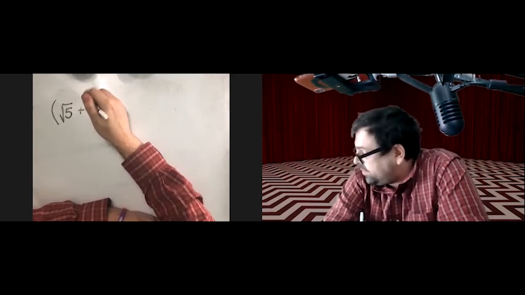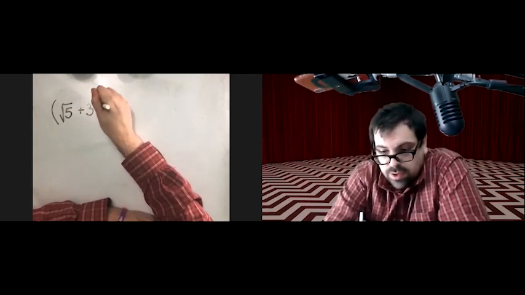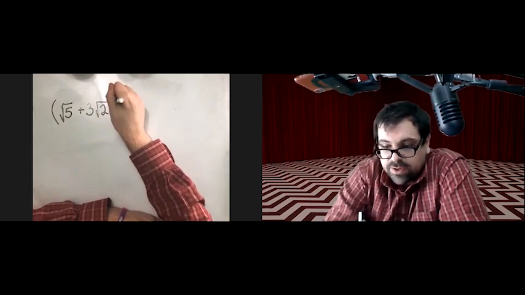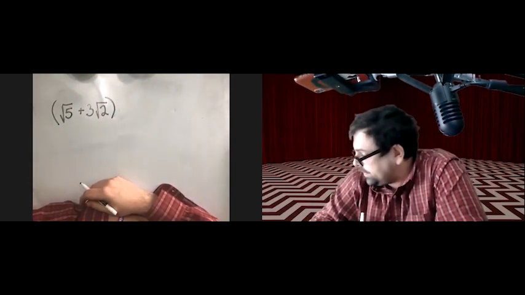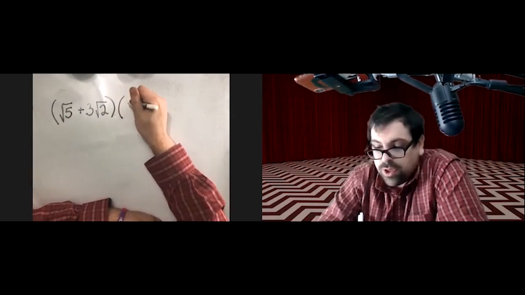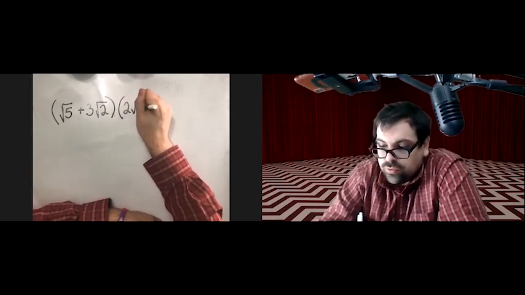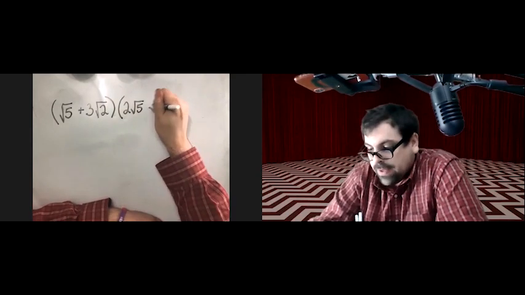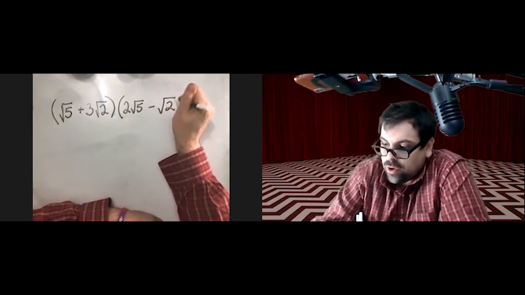Radical 5 plus 3 radical 2. And we're going to multiply this times 2 radical 5 minus radical 2.